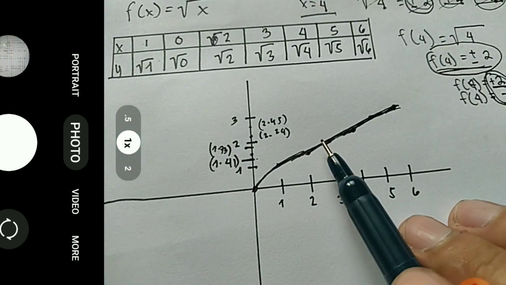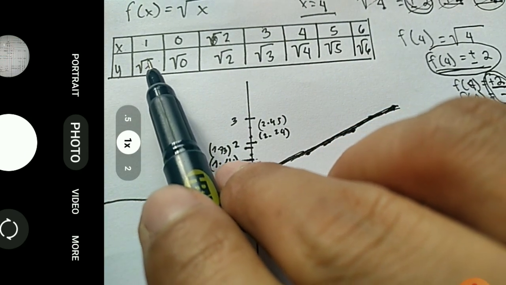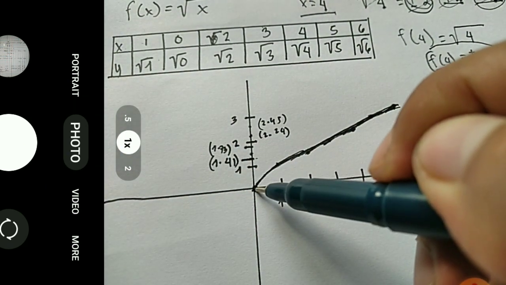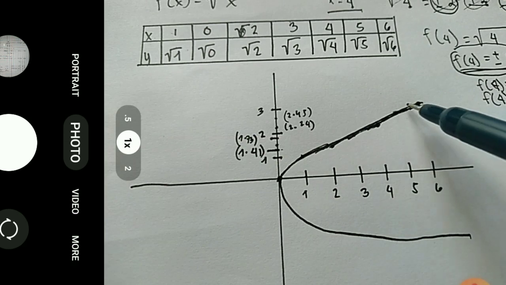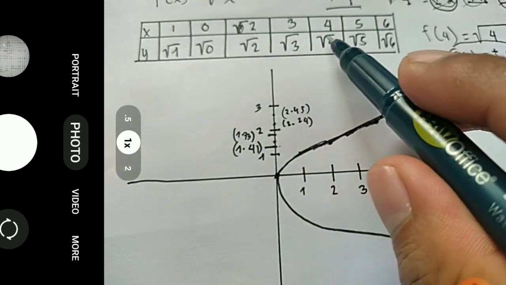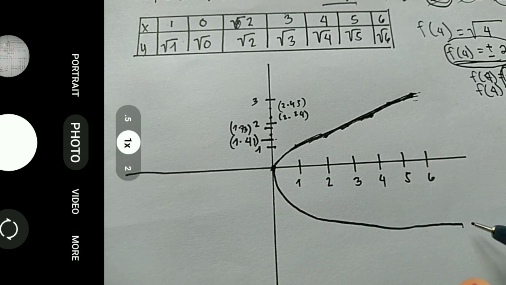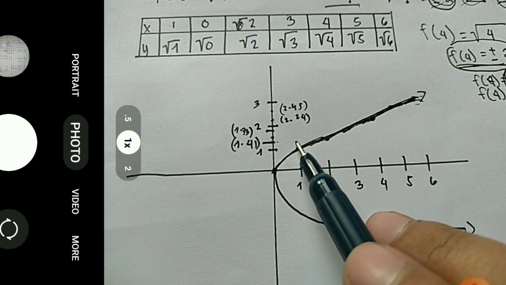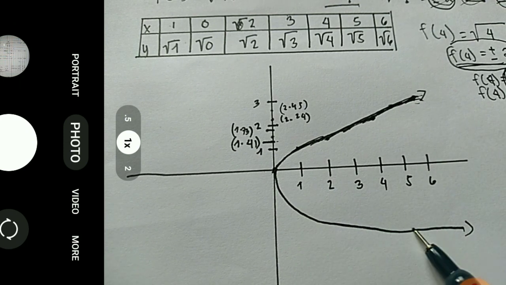If we take the negative value of our y, our function will be in the fourth quadrant, the opposite or the mirror of this graph, if we use the negative value of this square root. So this will be our graph. But if you only take the positive value of our square root, this will be our graph. But if the negative value, this will be the graph.